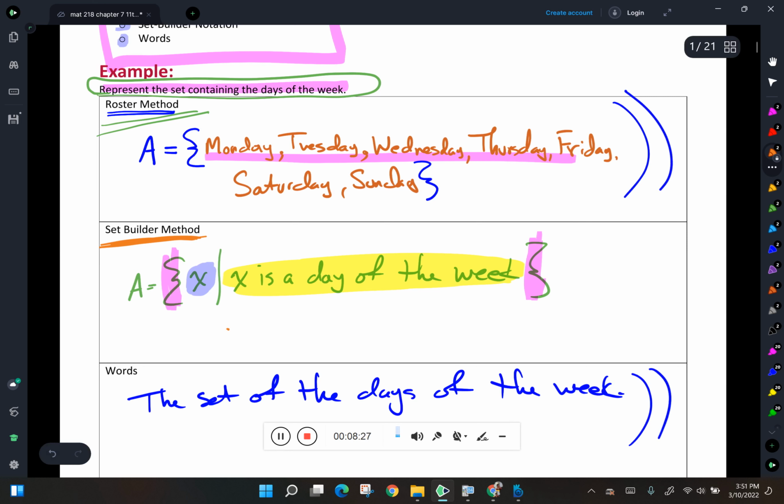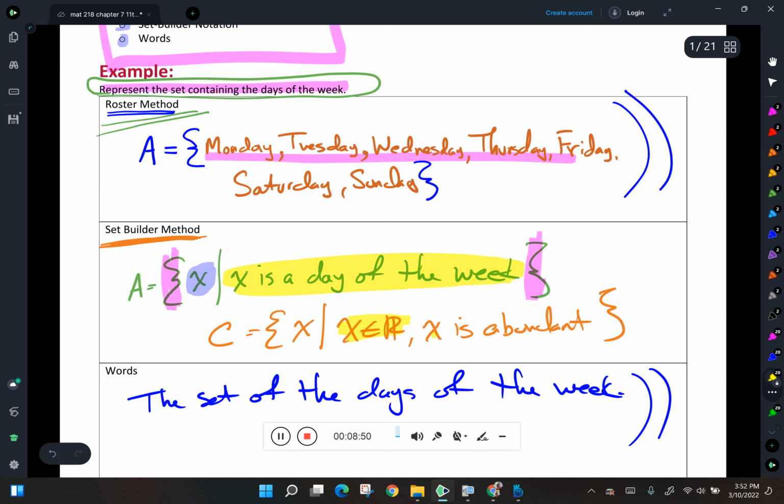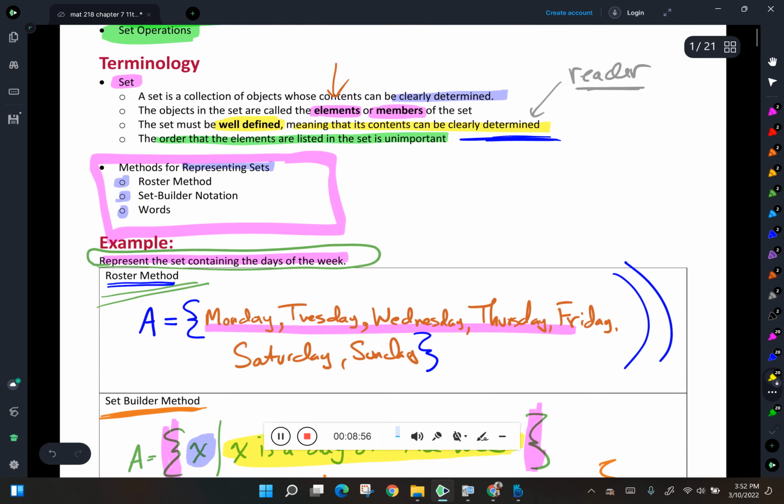What if I said C is the set of all x's such that... and what the heck does that even mean? To say that, what does this mean? And what does it mean to say x is abundant? Well, that's where we get into this definition right here.